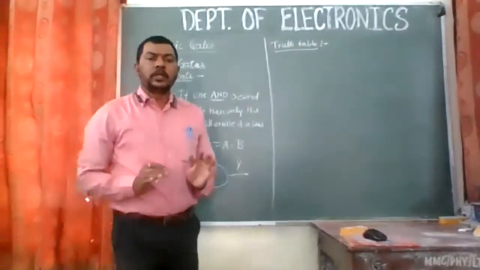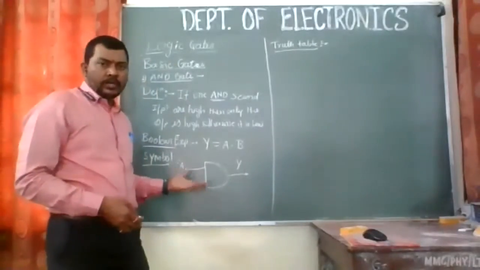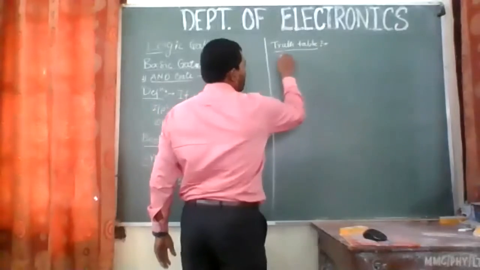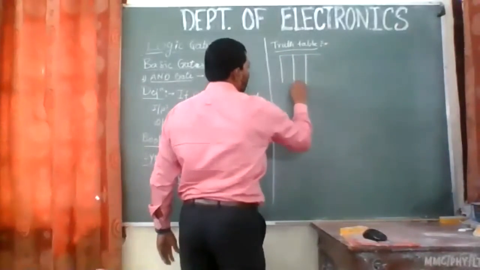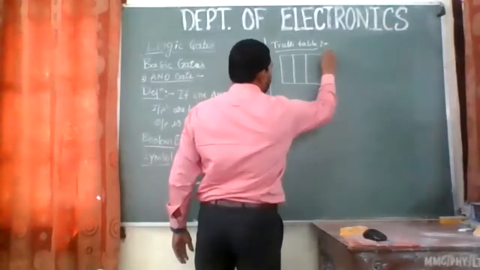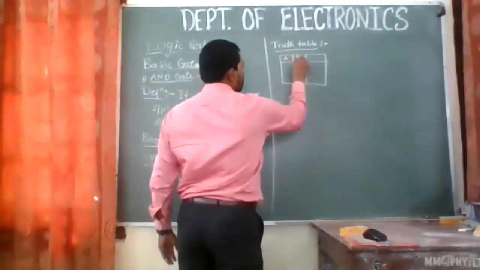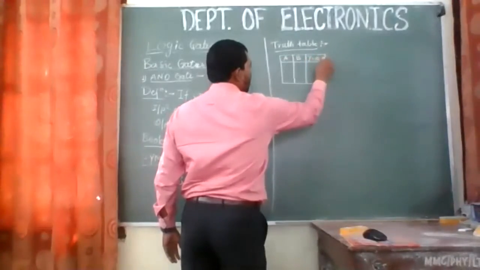In how many ways can the inputs be given to a particular gate? Let us try with this. We will have a table like this. We have two inputs, so there will be four ways in which we give the input. This is A, this is B, and this is Y, which we call A dot B.